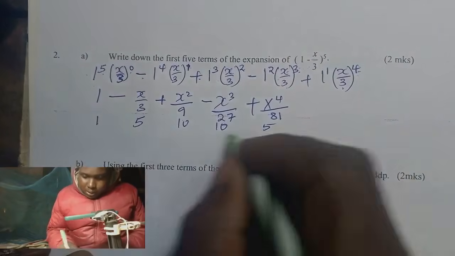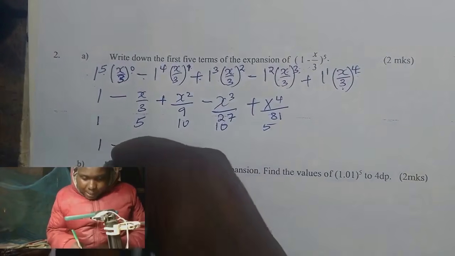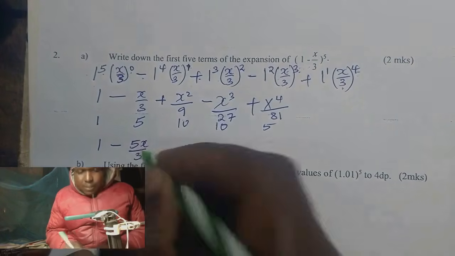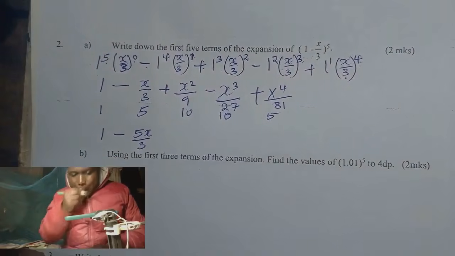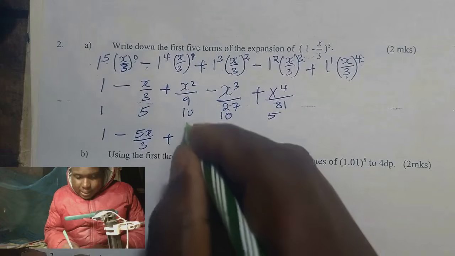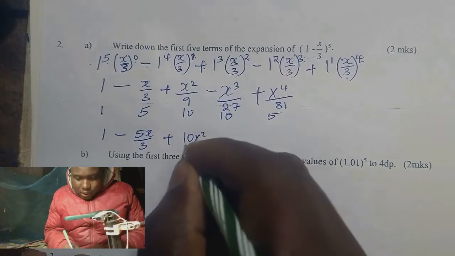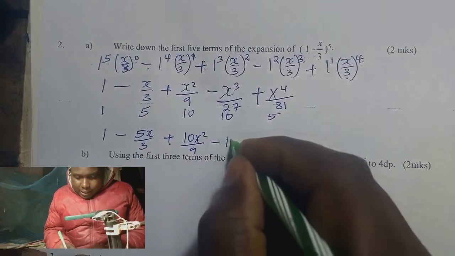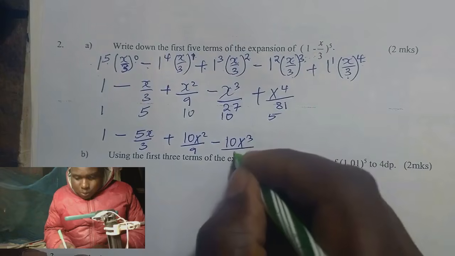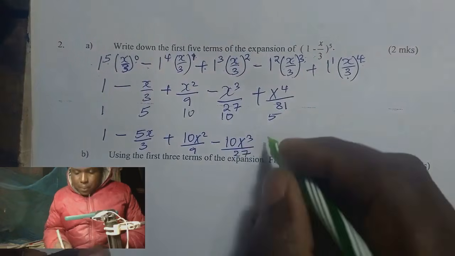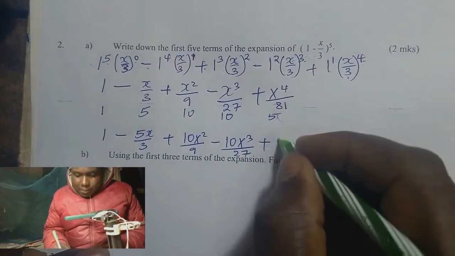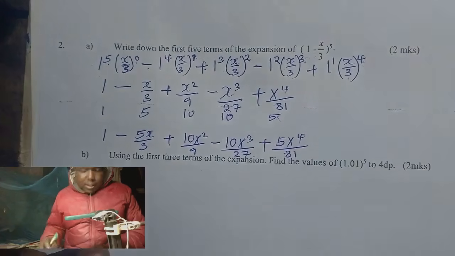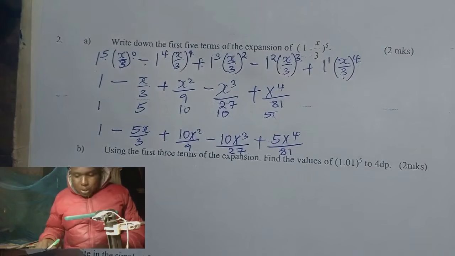So here we are, the final expansion is 1 minus 5x over 3, plus 10x squared over 9, minus 10x cubed over 27, plus 5x raised to power 4 over 81, and that is the expansion.